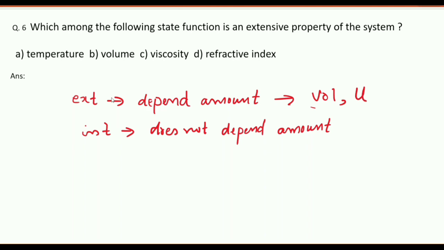Then intensive property examples are pressure, temperature, etc. So the question is, which among the following state function is an extensive property? So here temperature, volume, viscosity, refractive index is given. So volume is an extensive property which depends upon the amount.